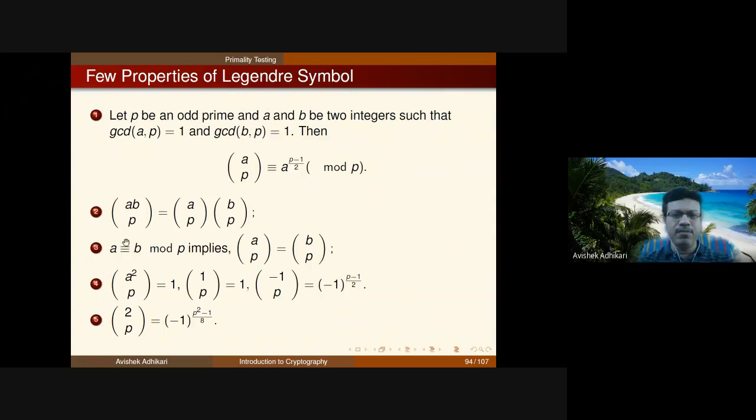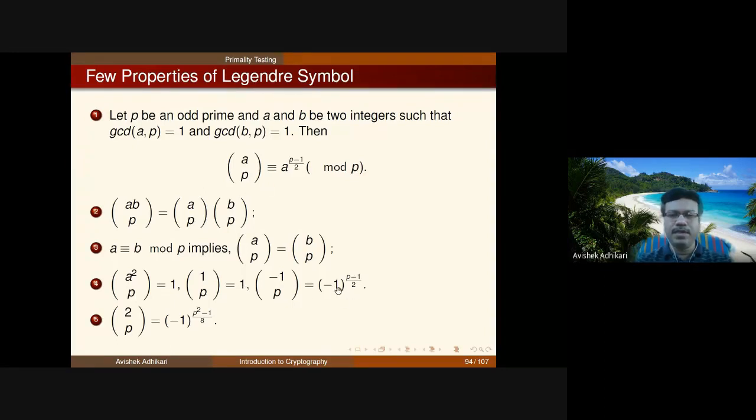Similarly, this is a very handy formula that would be useful in many places: if a is congruent to b mod p, then (a/p) equals (b/p). Also, if we have a square form, then this value will always be 1, and (1/p) is 1, and (minus 1/p) is given by a formula like this.